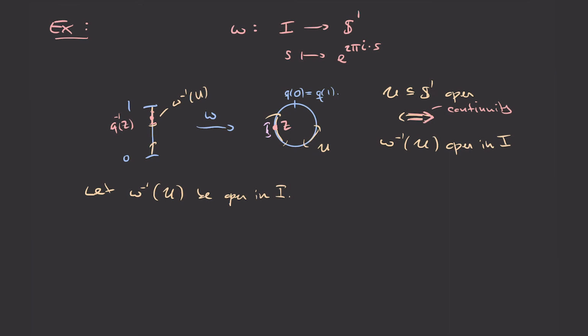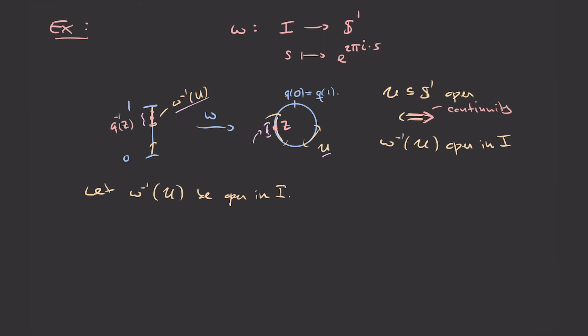We find a small wedge around Z. Moreover, because this original neighborhood is entirely contained within the preimage omega inverse of U, the wedge we find by mapping this neighborhood back is entirely contained within the set U. The wedge of this type is an open set of the unit circle, which one could rigorously check by going through all the details. This shows that for a point Z in U, we found a neighborhood around it that is entirely contained within U, meaning that U is an open set in this case.